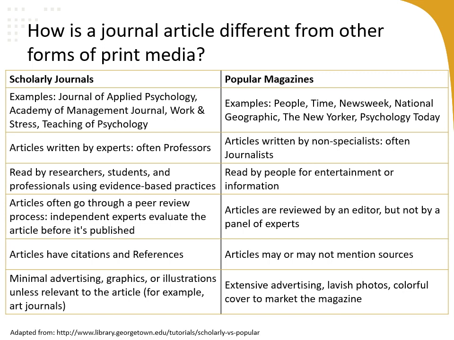So oftentimes, if you're reading a scholarly journal article, you will know because you will see citations and references. Popular magazines don't often have that and are usually based on opinion. Also, if you just look at the way a scholarly journal versus a popular magazine looks, you can definitely tell the difference.